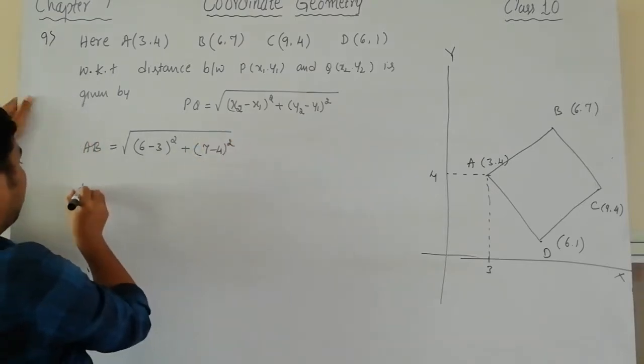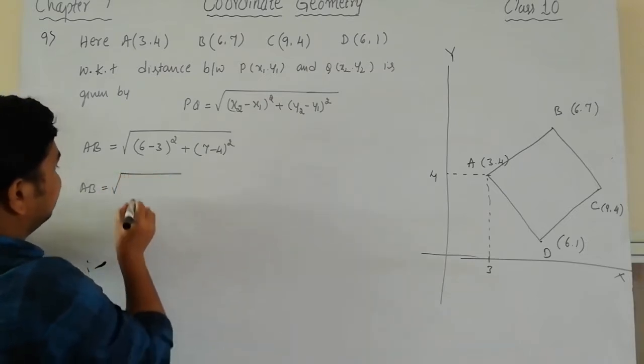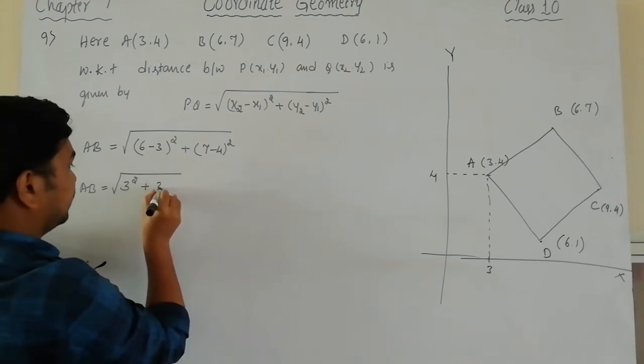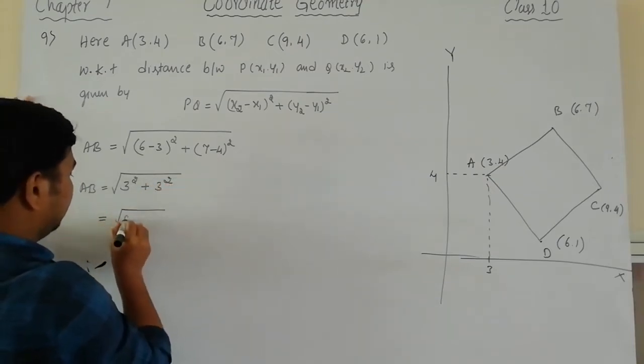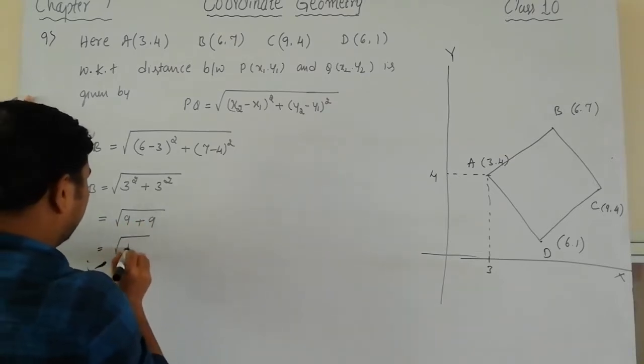Therefore AB is equal to square root of 6 minus 3, which is 3 square, plus 7 minus 4, which is 3 square. Then 3 square means 9 plus 9, so it becomes square root of 18.